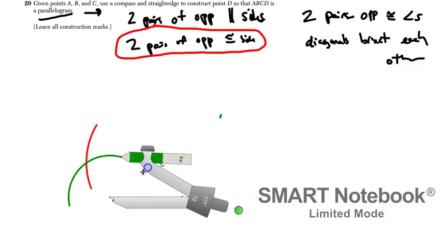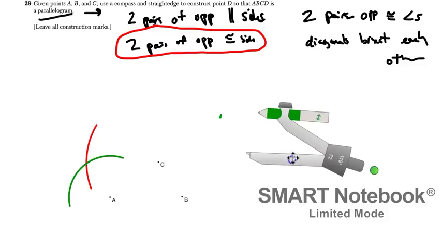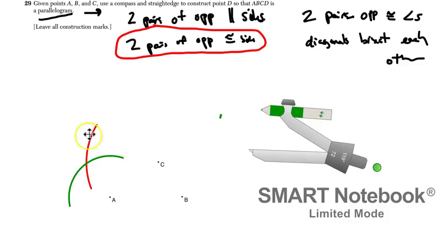That means D has to lie somewhere on this green arc. Well, we said D had to lie somewhere on the red arc. It has to lie somewhere on the green arc. So there's really only one option for D at this point, and that's that it lies where the two arcs intersect. So this has to be point D.